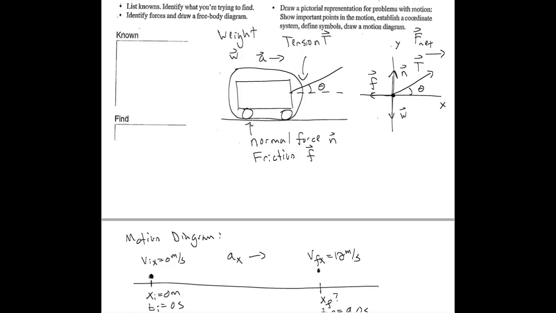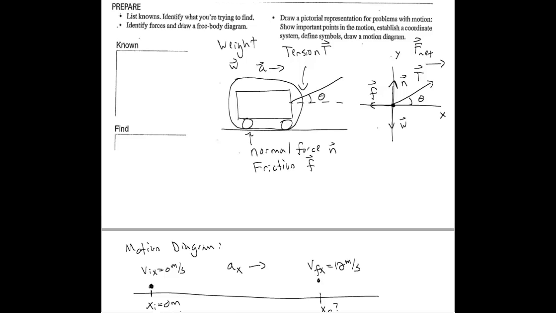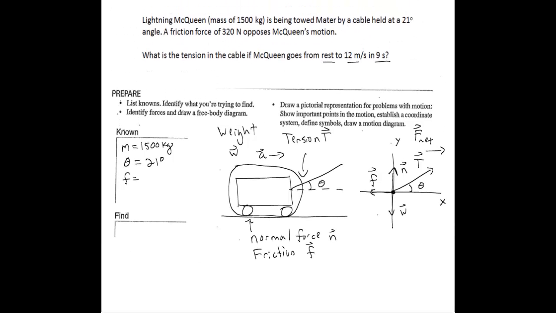Let's list the things we know and the things we don't know, and see what we need to find. We know the mass of Lightning McQueen, 1,500 kilograms. We know the angle he's being pulled at, 21 degrees. We know the magnitude of the friction force, 320 newtons.